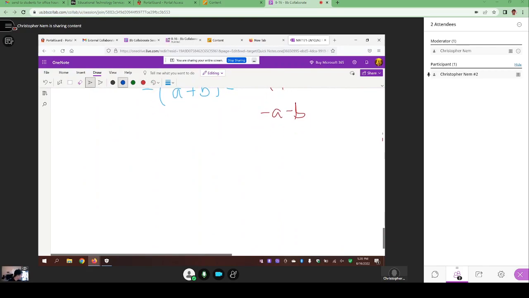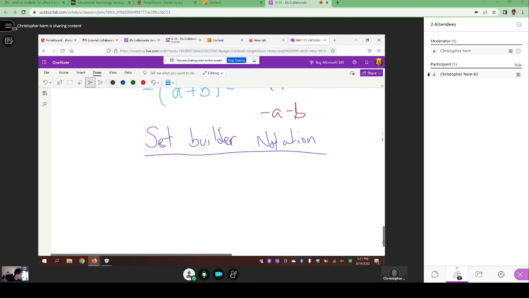This is called set builder notation. And a set is just a collection of objects. So we're trying to build a collection of objects.